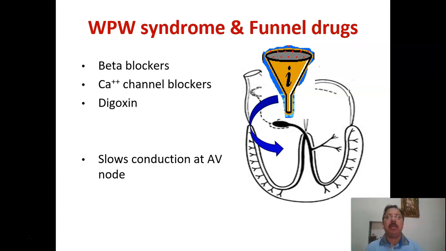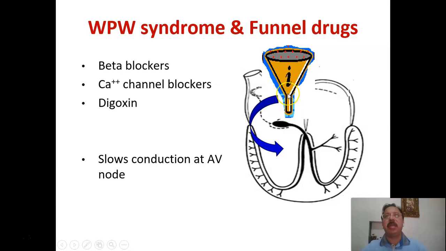It's very important to remember that certain drugs you should avoid in WPW syndrome, especially beta blockers, calcium channel blockers, and digoxin. These drugs slow the conduction at the AV node. So what happens if conduction is slowed at the AV node?